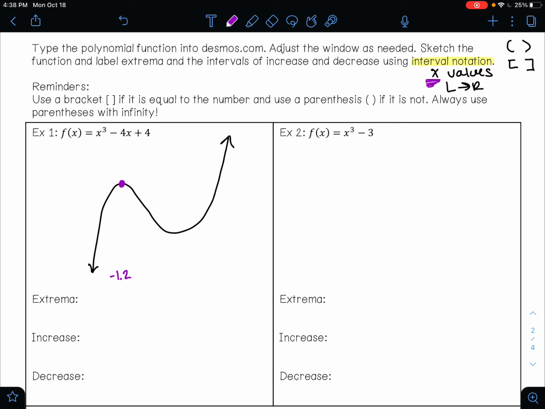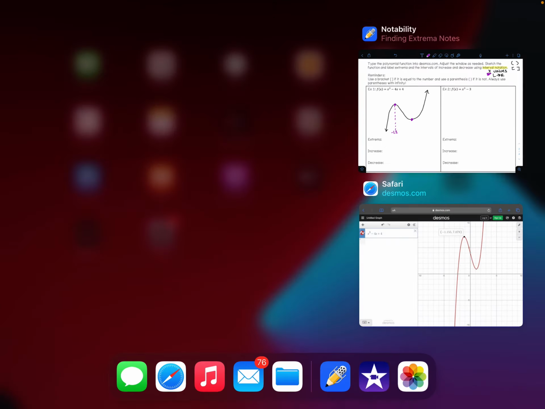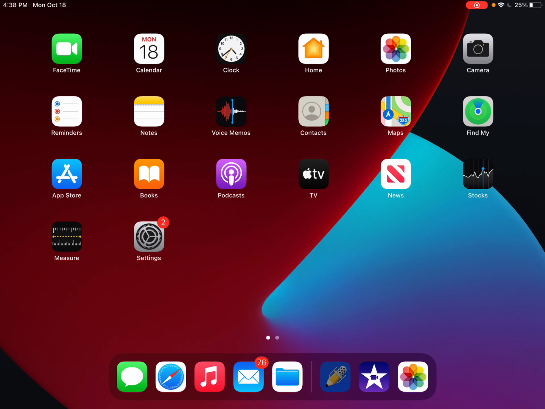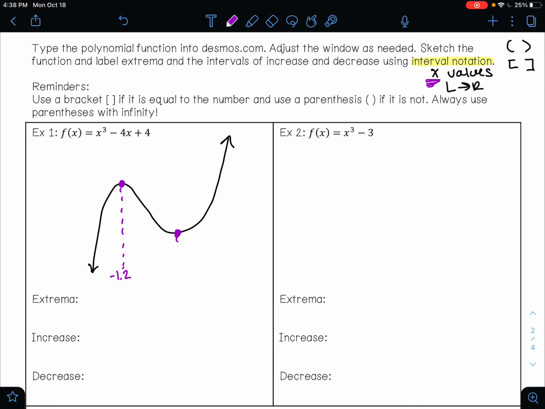So I'm not worried about the y value here. I just want the x value. So at this point, x is negative 1.2. Now let's figure out what x is at this spot. In this one, again, we're going to round to the nearest tenth, so that's also 1.2. And again, I'm just looking at the x values. So this is at 1.2.